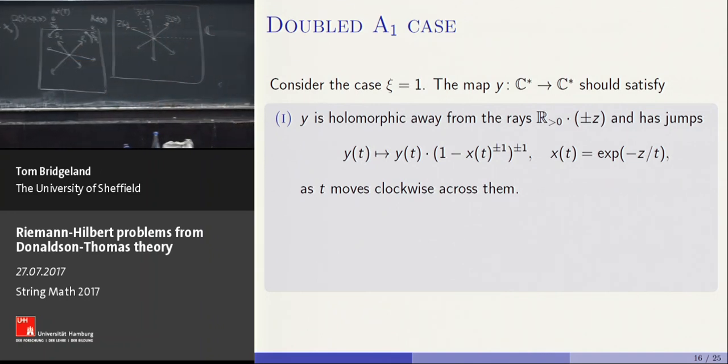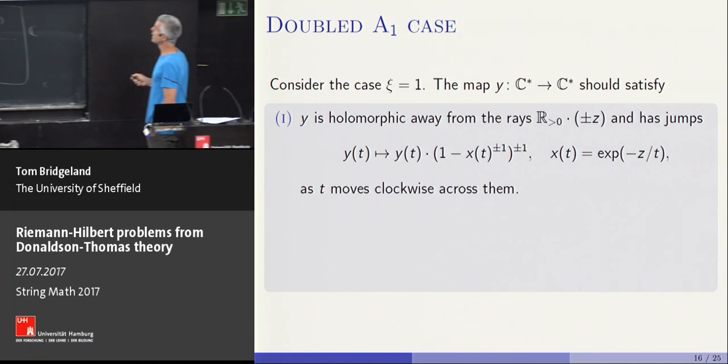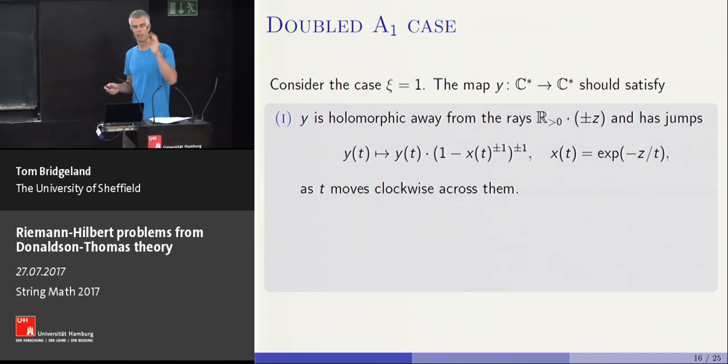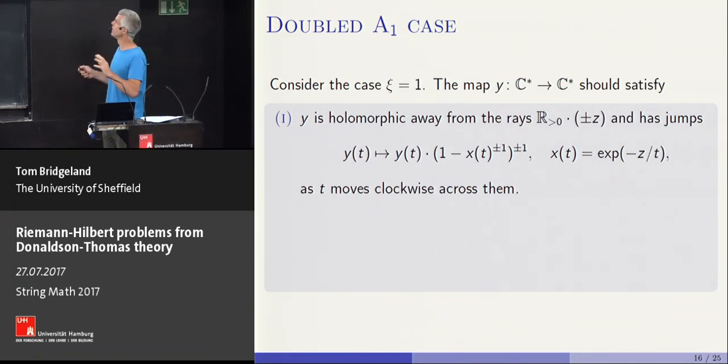And so it should be holomorphic away from those rays, and it should jump. And remember, we said that the amount something jumps, there is some thing here which is measuring the bracket of the class that's causing the jumping with the class you're interested in. So here, the class that's causing the jumping is gamma, and we're interested in the class gamma dual, so we get some 1 here.